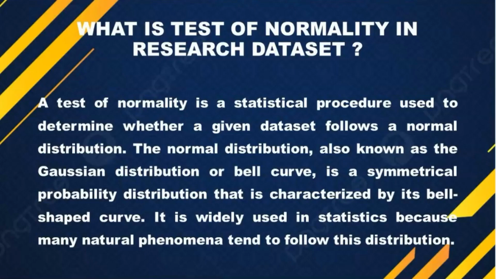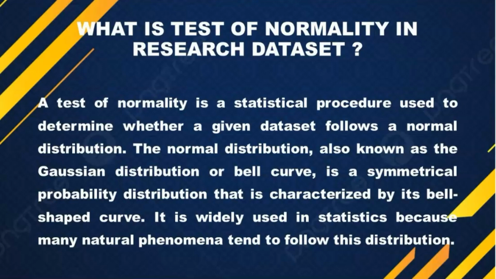You are welcome to class today, and in our tutorial class today we are going to take a topic: what is a test of normality in research data sets? A test of normality is a statistical procedure used to determine whether a given data set follows a normal distribution.